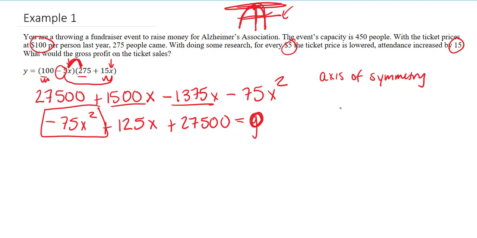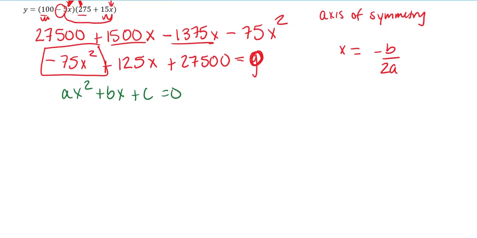So let's go ahead and look at this. The axis of symmetry is x is equal to negative b over 2a. So we remember ax squared plus bx plus c equals 0. Well, x is equal to negative b. This is negative 125 over 2 times negative 75. 2 times 75 is 150.